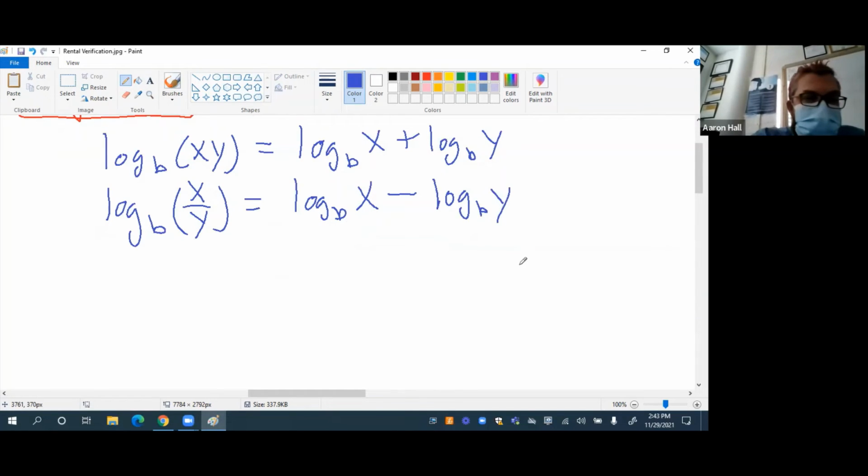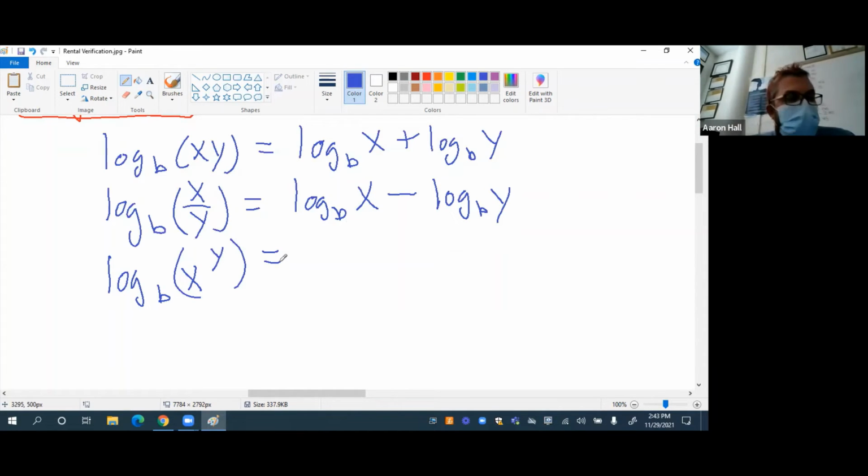And then the log base b of x to the power of y. What about this one? Doesn't it allow us to move this to the front?